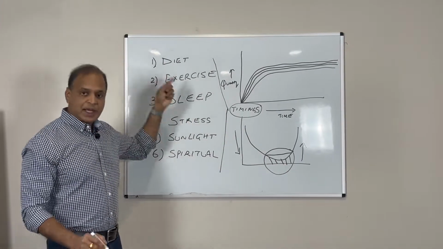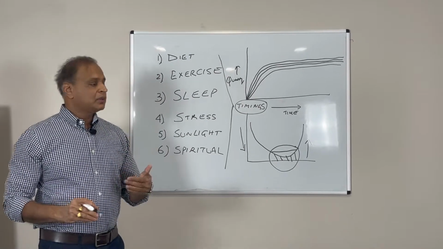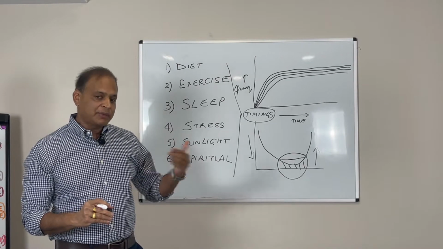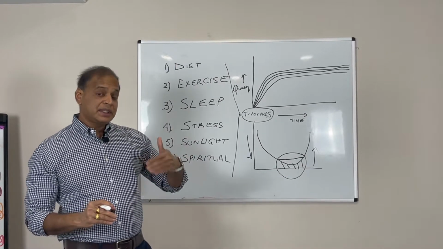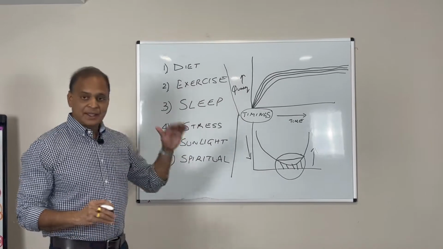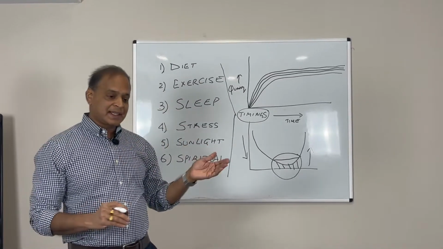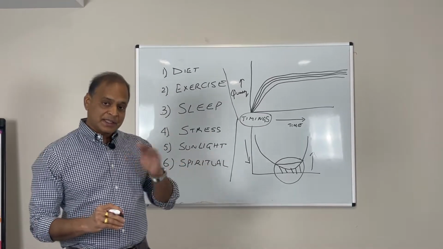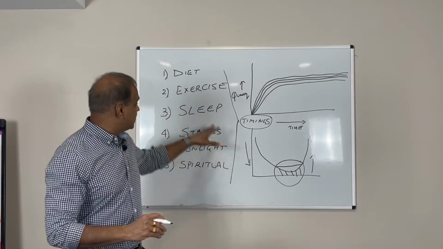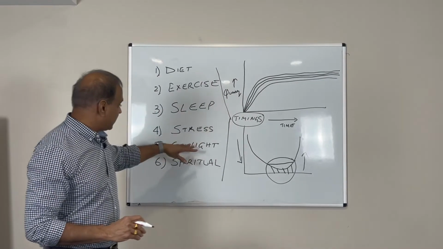So for instance, diet. You should always fast, and too much fasting is not really optimal. At the same time, this has to be followed by feasting, fast and feast. Exercise, rest and activity. So rest is the basis of activity. Sleep and wake cycle. So these are all about timings and following rhythms.